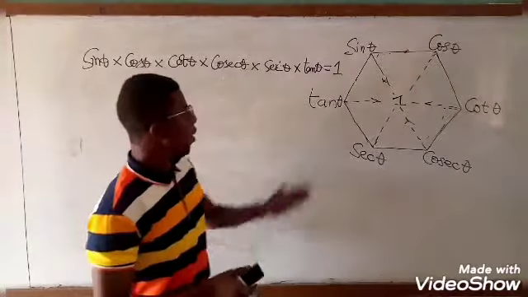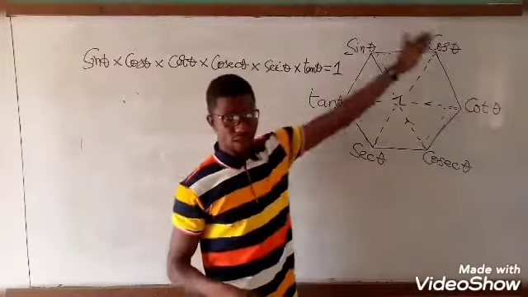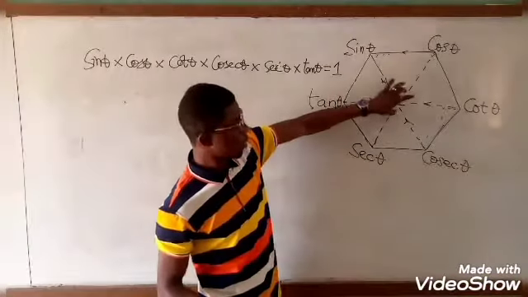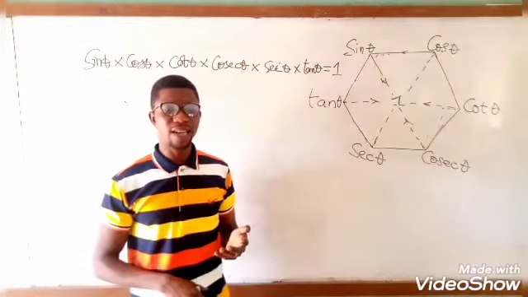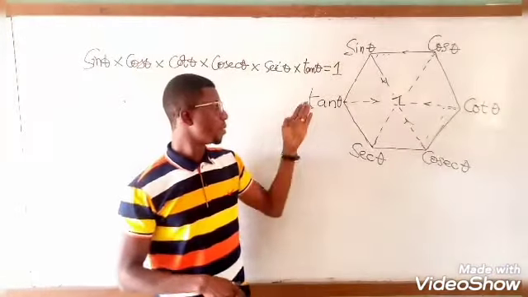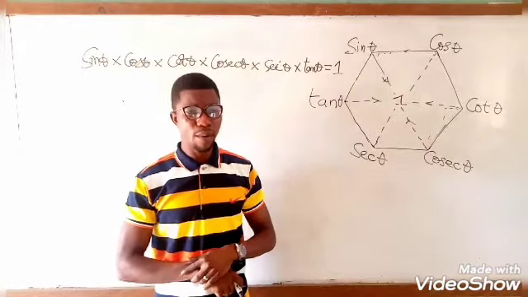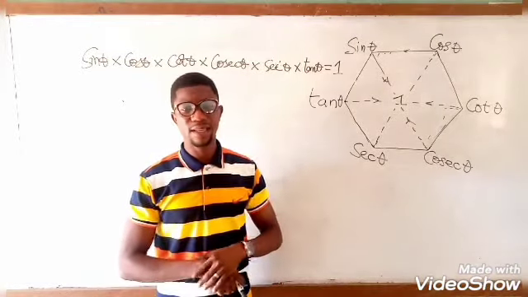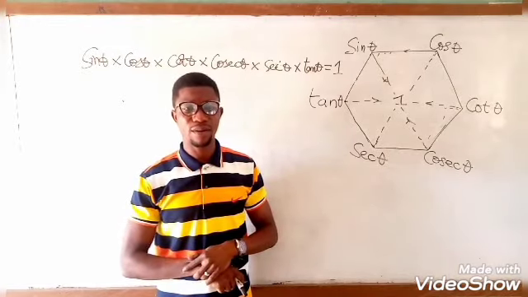So it means that when all these trig items are multiplied, the result gives us 1. So this is the magic information that can be derived from this hexagon. You need not memorize the identities in trigonometry, but rather derive them on your own.